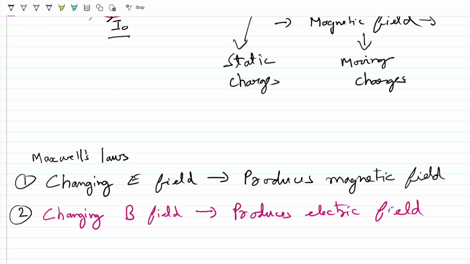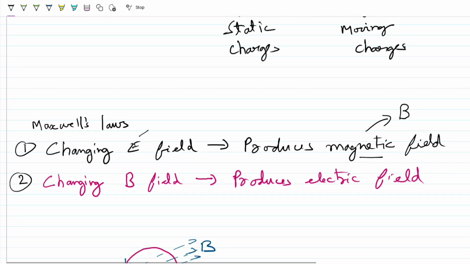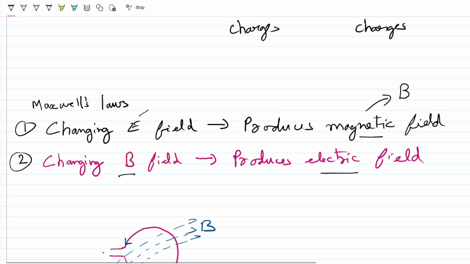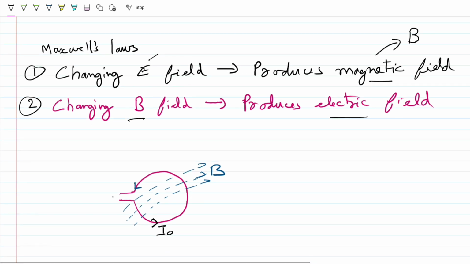When there is a change in the electric field, it produces a magnetic field, often denoted by the notation B. And when there is a change in the magnetic field, it produces an electric field, and this second relationship is in a way responsible for the inductive behavior.